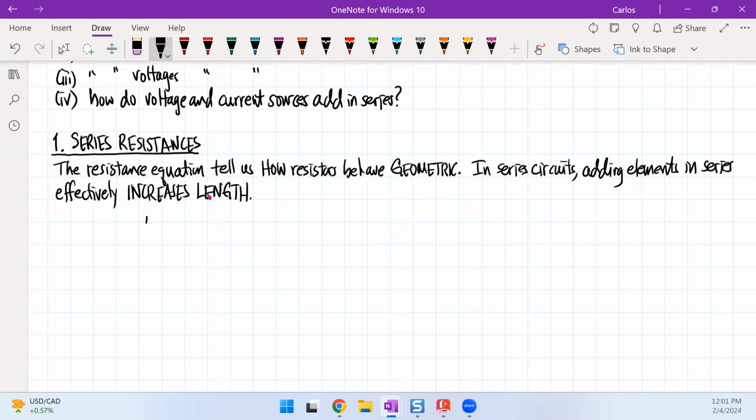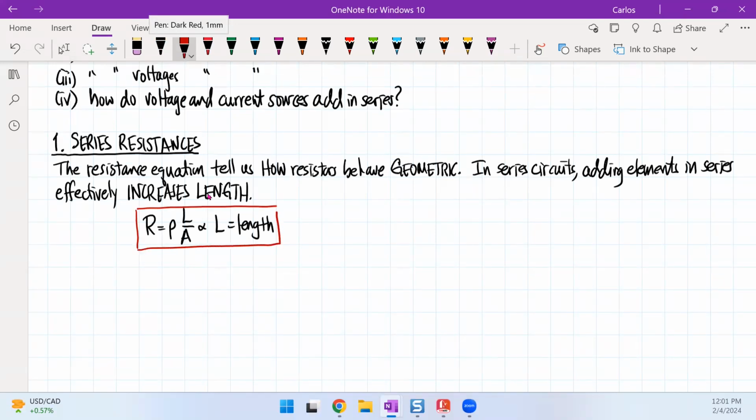So when I look at the resistance equation, we could see that there's the resistivity, the length divided by the area. We see here that resistance depends on length. So it's directly proportional to the length. In other words, the resistance goes by the length parameter.